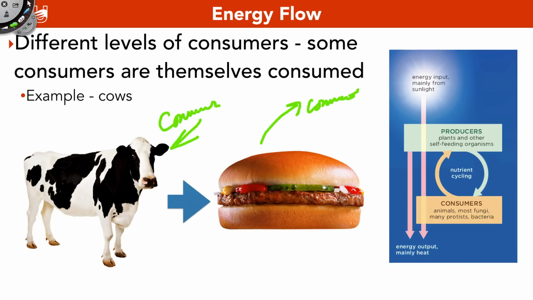So we are a consumer of consumers. Does that make sense? Okay. We'll talk about levels of consumers later on, but right now we'll just say that there are different levels of consumers. And some consumers are themselves consumed. Okay, and cows are an excellent example of this.